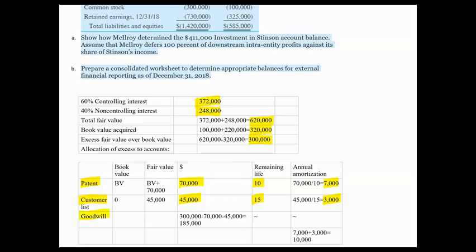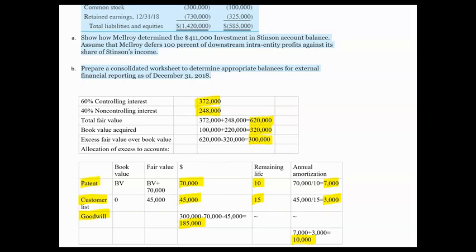So the goodwill equals the total excess amount minus 70,000 allocated to patent and minus 45,000 allocated to customer list, and we have 185,000 left. And that's going to be the goodwill, and normally we do not amortize goodwill. So the total excess annual amortization would be 10,000. That equals 7,000 plus 3,000.